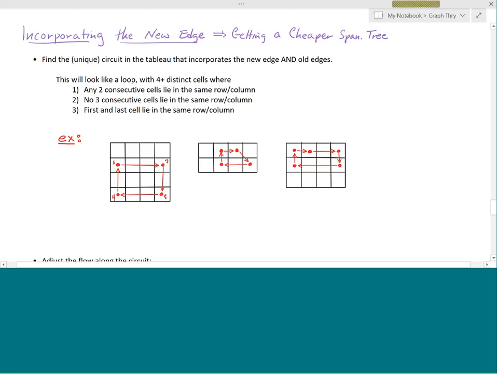So last cell would be the last one right before you get back to whoever your first cell was. And notice here, you can pick a different first cell. You'll still have the same 4 cells that you're dealing with in this first picture. It's just your quote-unquote first cell and last cell would change up. Okay. All right, it looks like the guesses have mostly stabilized.